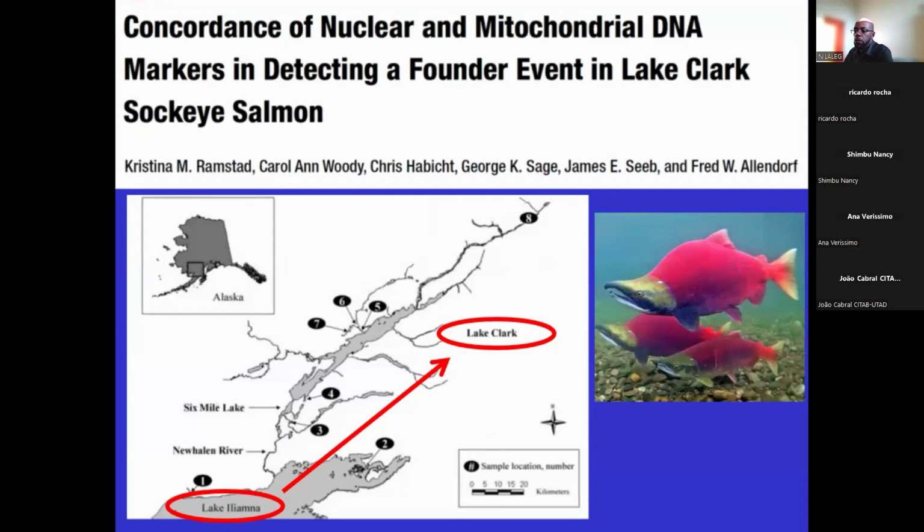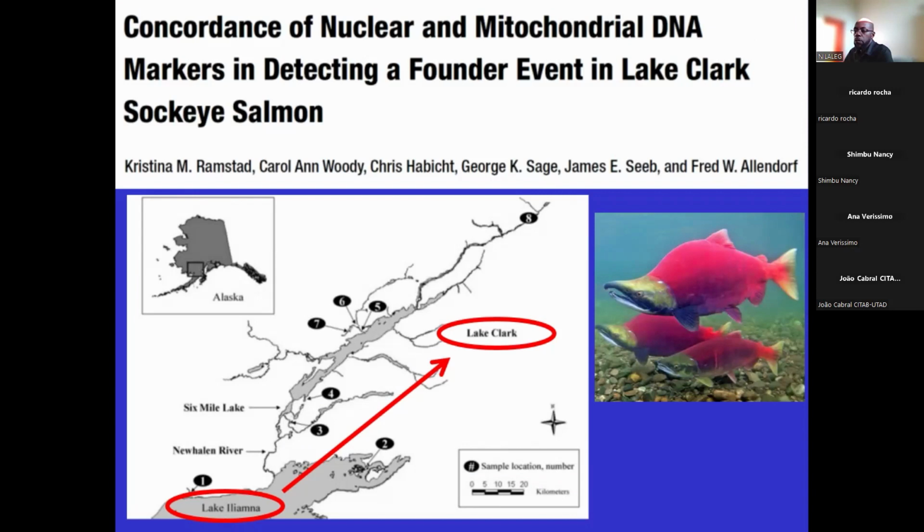This is work done by another student of mine, Christina Ramstad. She worked on sockeye salmon in southwest Alaska. Lake Iliamna is a huge lake which has millions of sockeye salmon spawning every year. Lake Clark is upstream from Lake Iliamna, and it only became deglaciated a few thousand years ago. So it was a bottleneck population that came originally from sockeye salmon in Lake Iliamna.